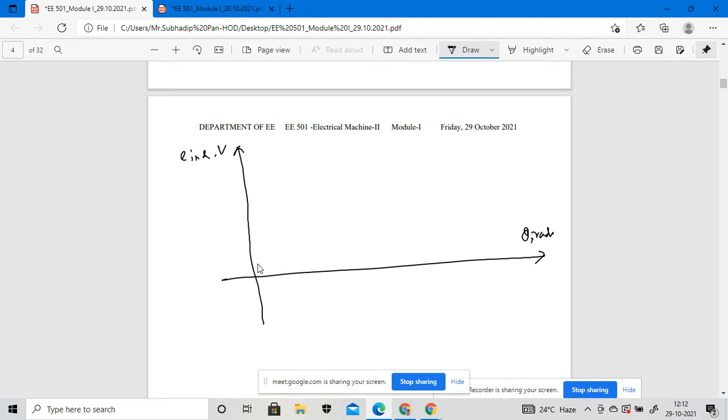It will be considered as a radius. We consider this point as zero, this point as pi by 2, this is pi, this is 3 pi by 2, and this is 2 pi.